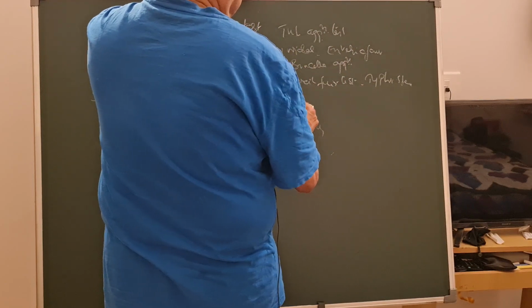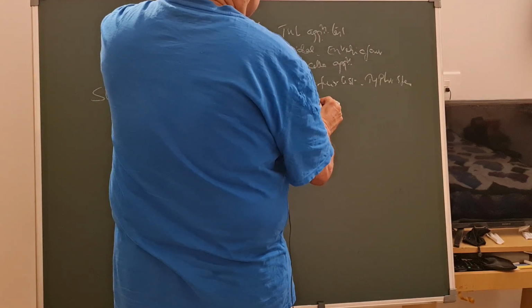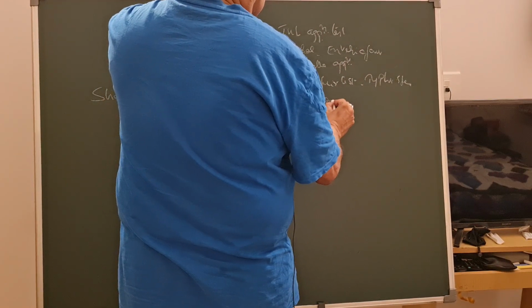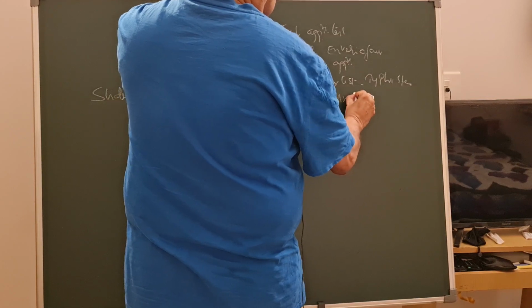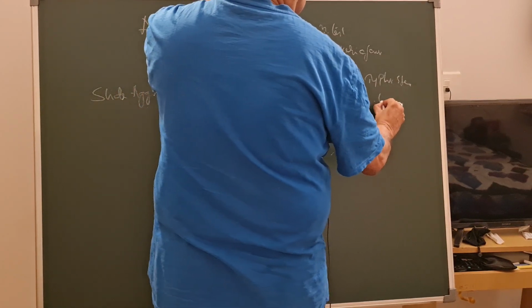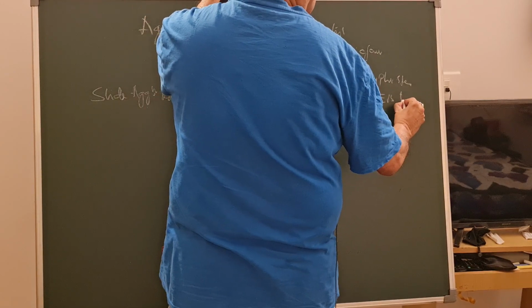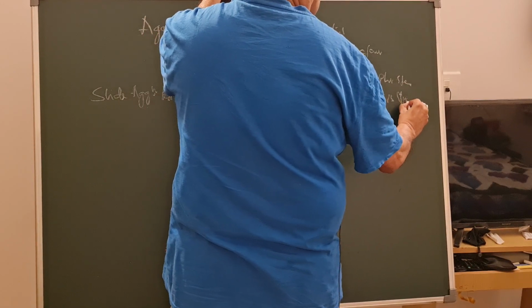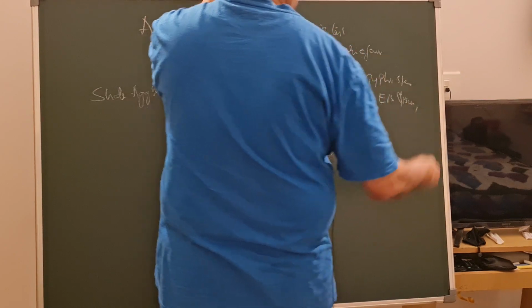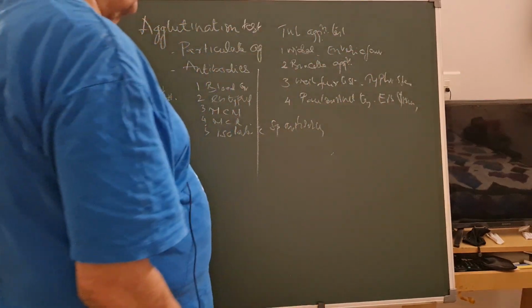The fourth one is Paul Bunnell test, done for diagnosis of Epstein-Barr virus, which causes infectious mononucleosis.